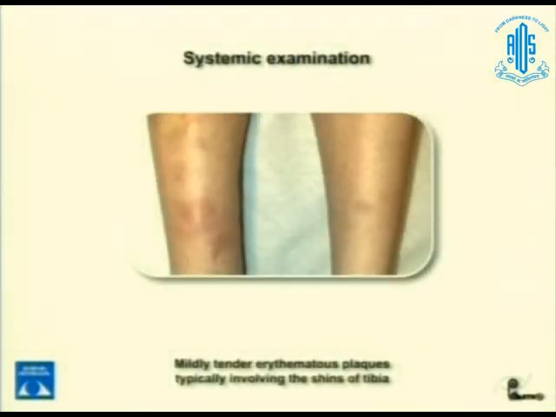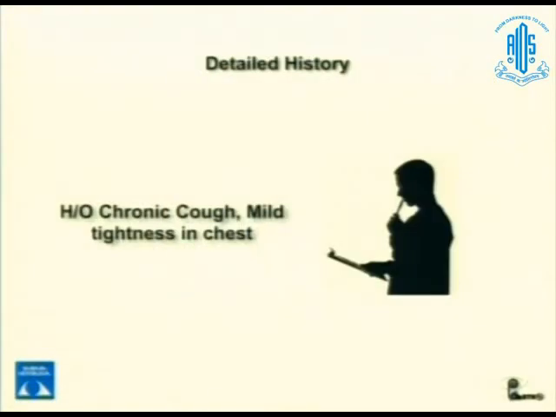On systemic examination, you have found mildly tender erythematous plaques typically involving the shins over the tibia. These are erythema nodosum. On detailed history, she gave a history of chronic cough and mild tightness in the chest.